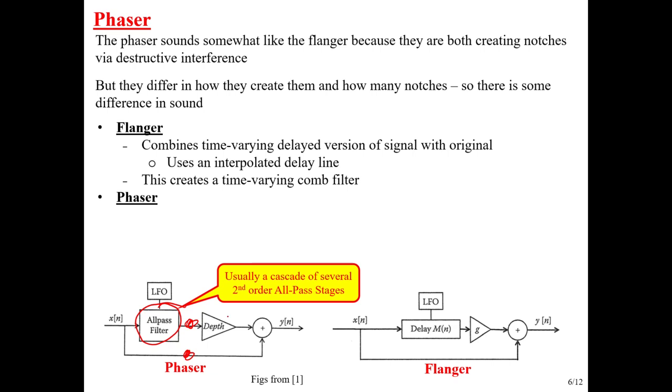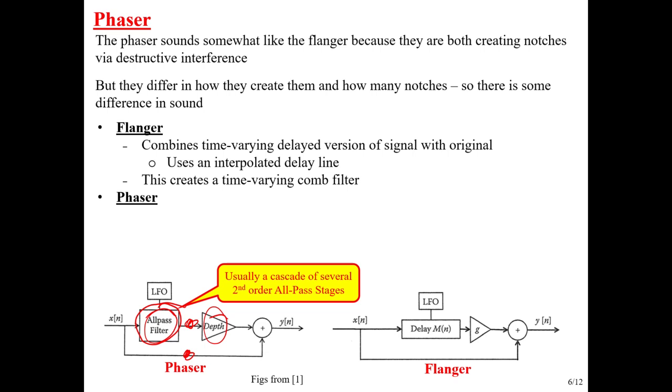And so if the depth is set to 1, then you have complete cancellation at that frequency where this filter has a phase shift that's an odd integer. I may have just said integer multiple, but I mean to say odd multiple of 180 degrees.